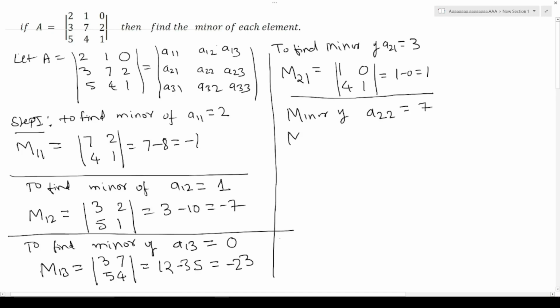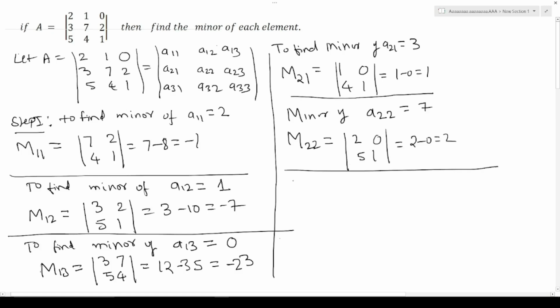Minor of A22, nothing but M22, equals, for that I omit the second column and second row. What are left? [[2,0],[5,1]] equals 2 minus 0 equals 2.